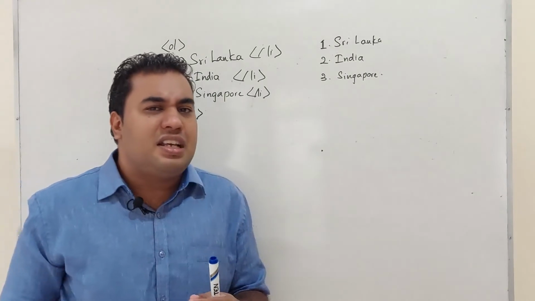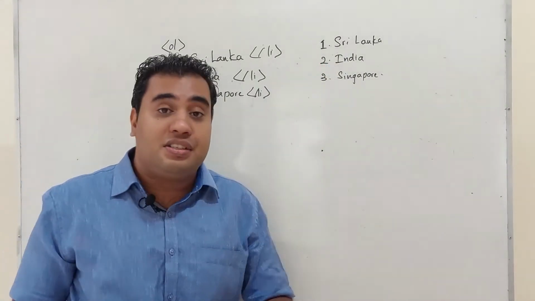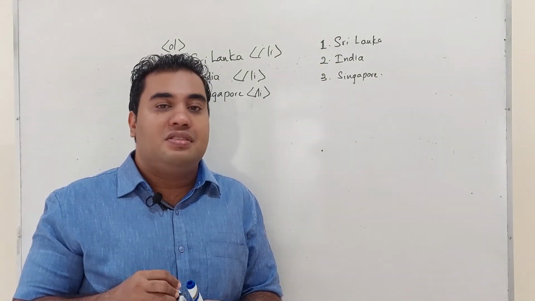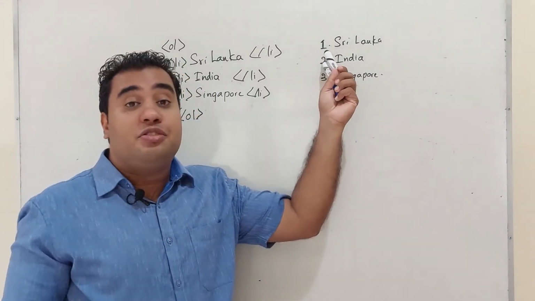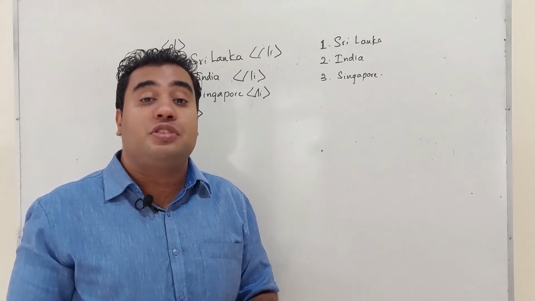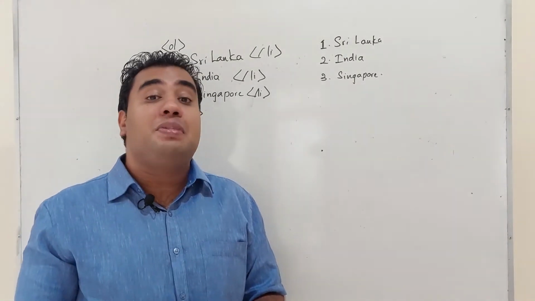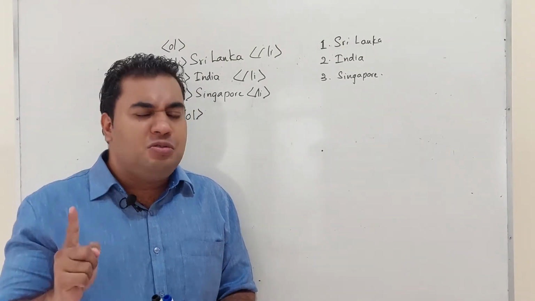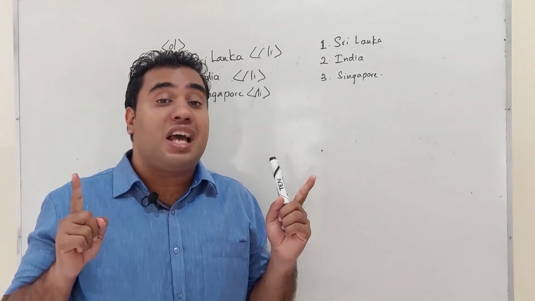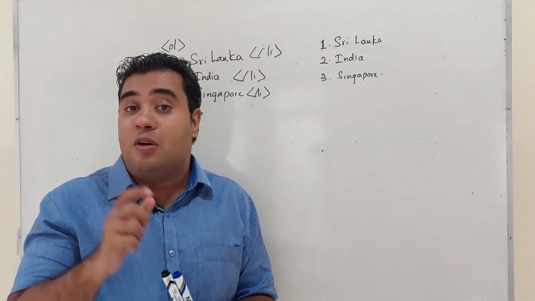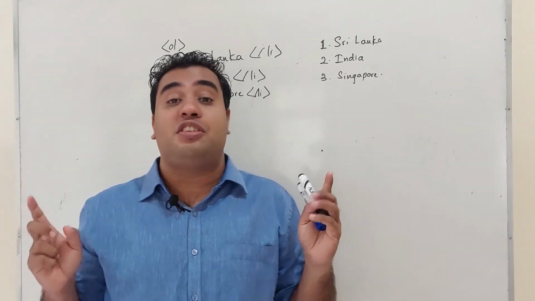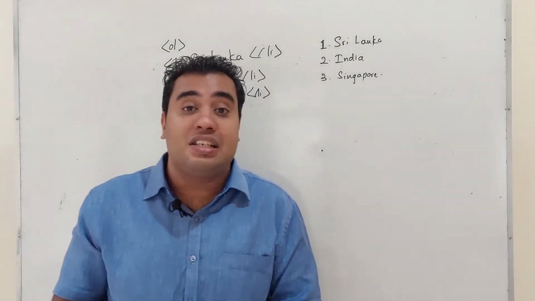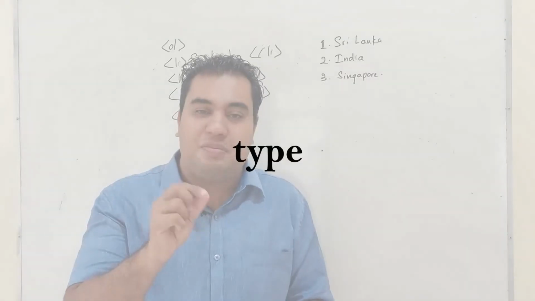Let's say that we need to change this ordered list to some other format. Let's say we don't need to show it using 1, 2, 3, we need to show it using A, B and C. To do that, we need to use an attribute in the OL tag. The attribute that we use to change the type of list is called type.